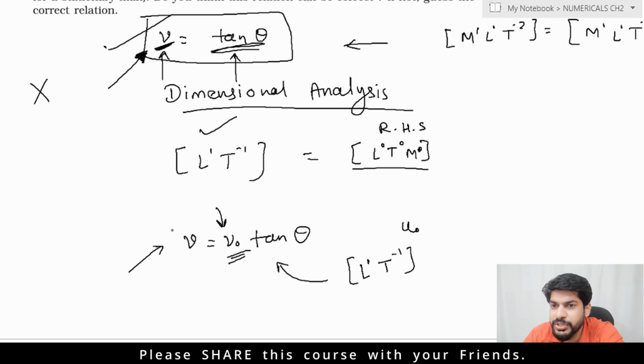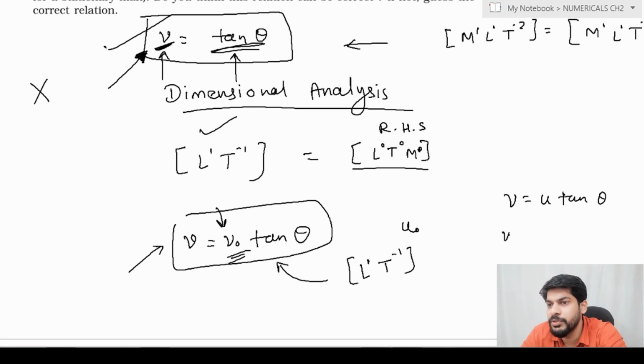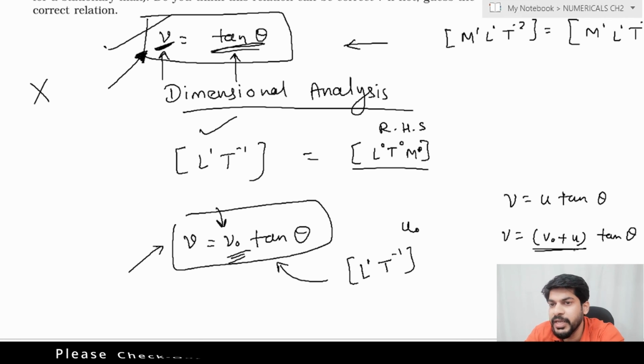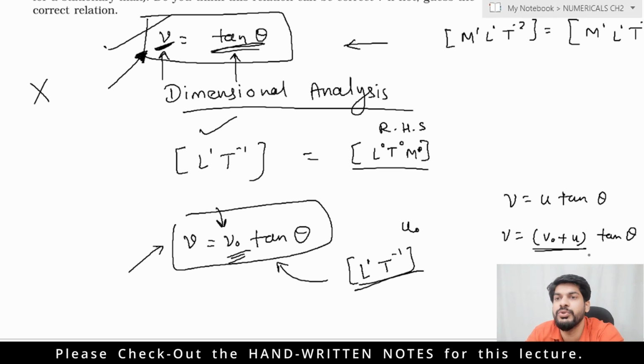This should be the actual form. Either you can write v equal to u tan theta, or you may have v equal to v naught plus u tan theta, something like this, because these terms have the same dimensions, they are velocities. Somehow we must have a velocity term on the RHS, then only can this equation be dimensionally correct.